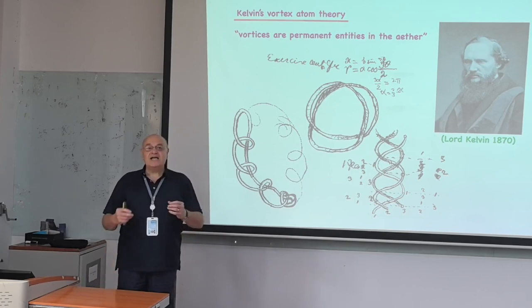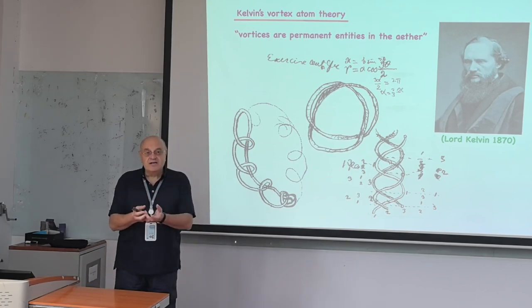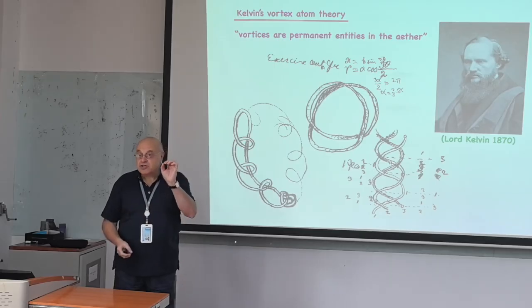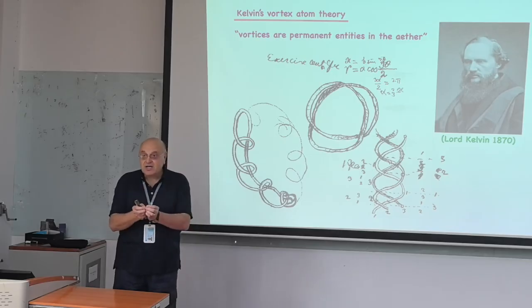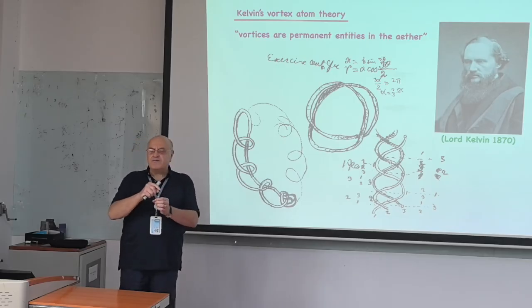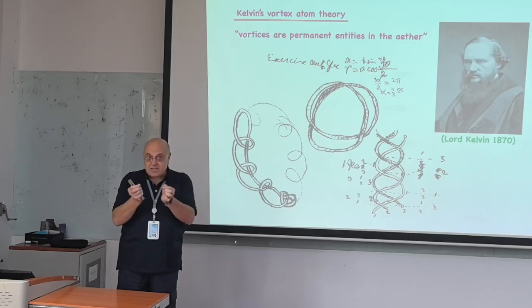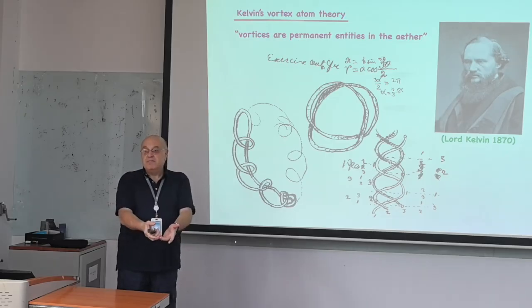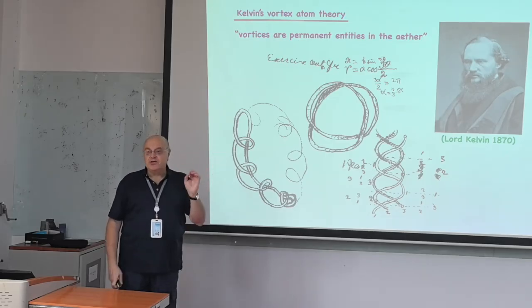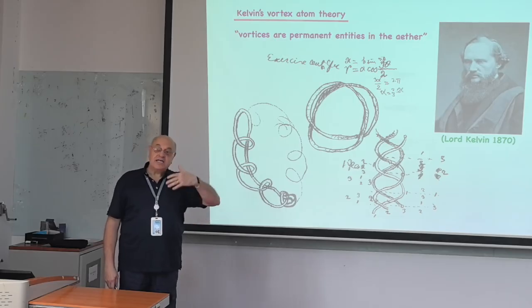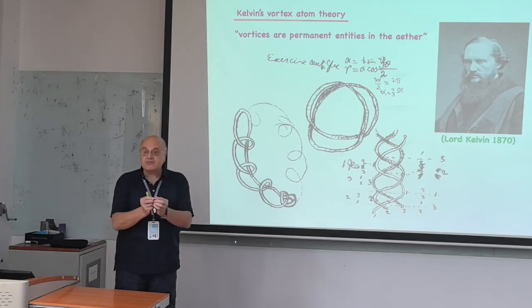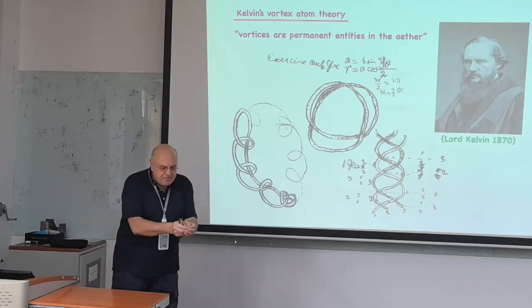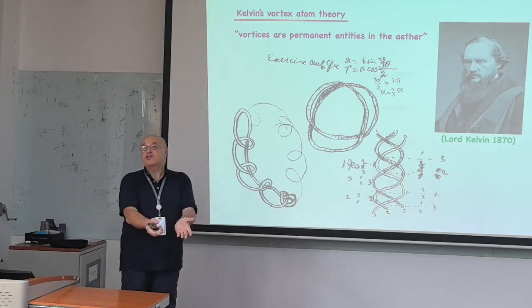What is the idea? The idea is to have a model for microscopic particles. And his idea for particles was, okay, let's think of a vortex ring like in water, but in an ideal fluid, ether. It's a hypothesized existence of an ideal fluid, and this vortex ring is imagined to be very, very small, microscopic.